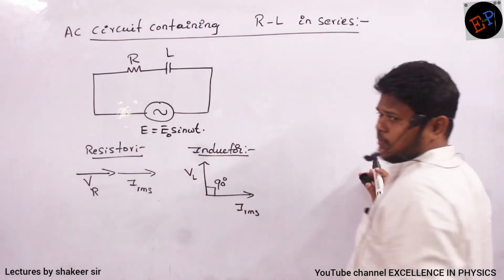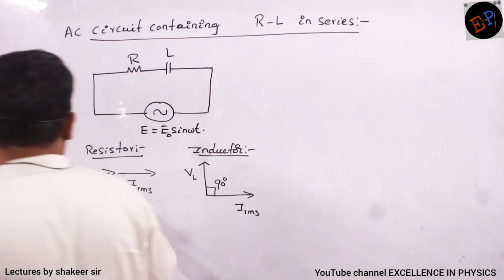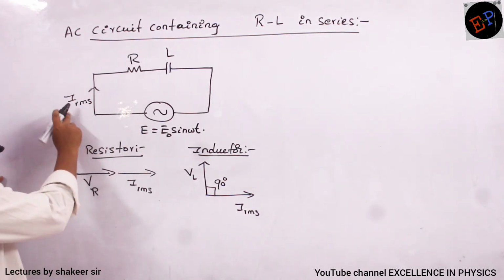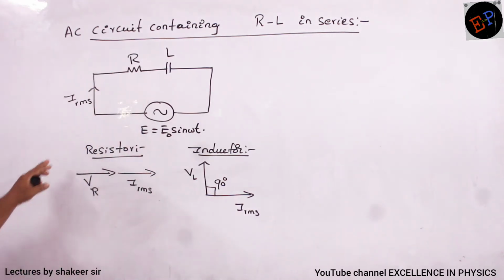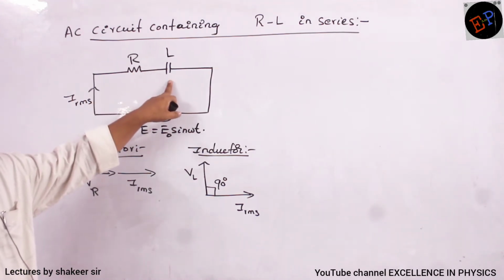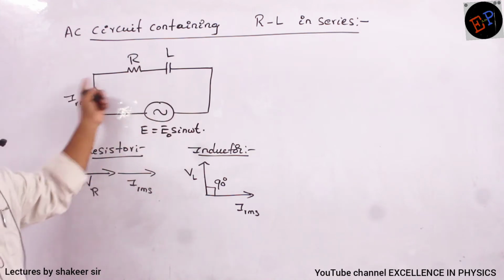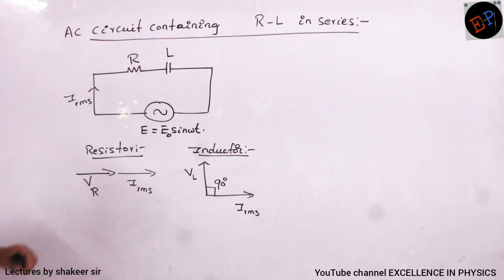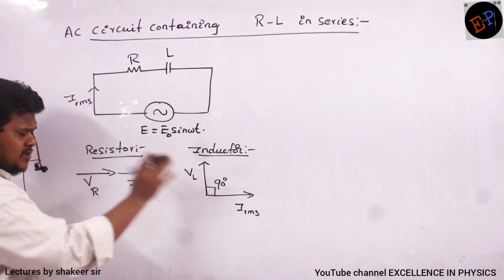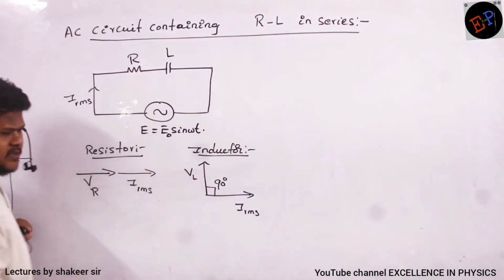Current is the same in both of them. For example, if current produced is IRMS in the circuit, how much current will flow through resistor? IRMS. How much current will flow through inductor? IRMS only, because both of them are in series. So therefore, potential drops may be different. Their phasor diagrams, angles also may be different, but current flowing in them is the same.